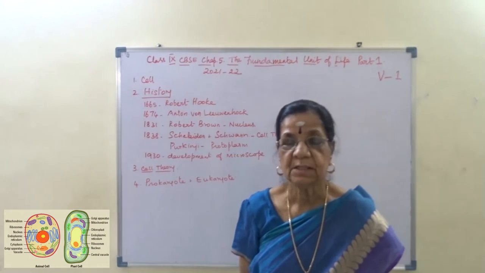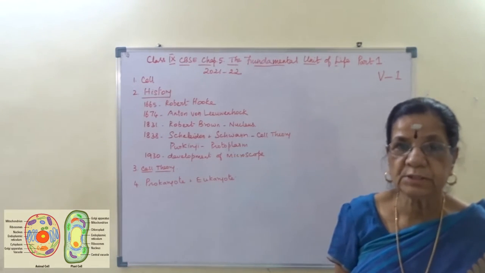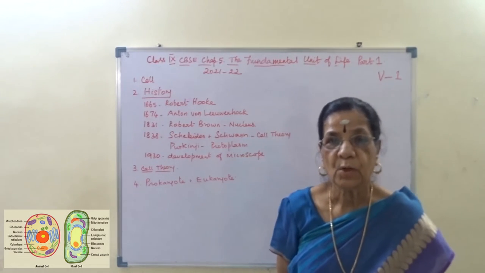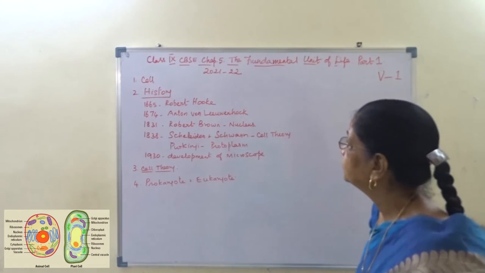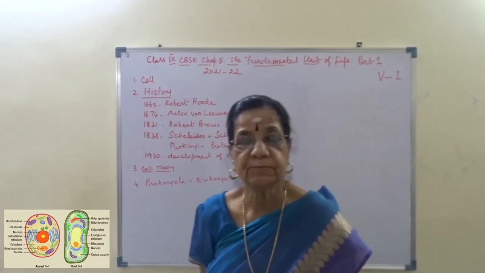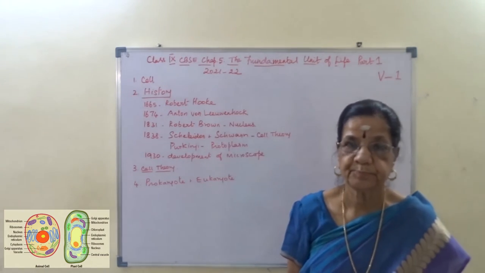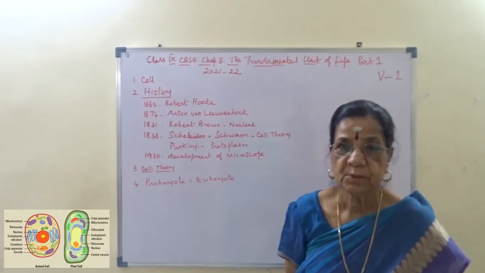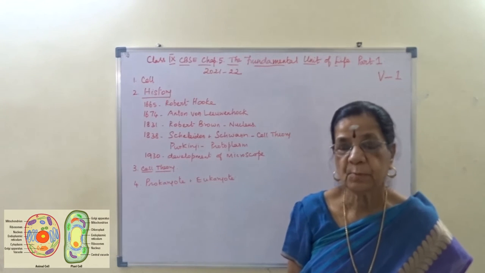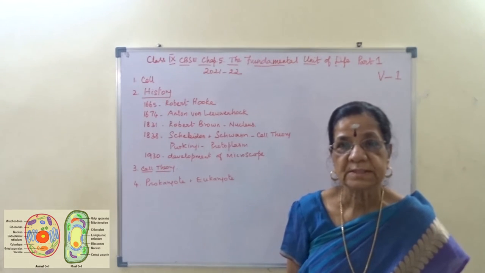Right. Now today we are going to start the first video session, number 1, as chapter 5, the fundamental unit of life, part 1. I repeat, chapter 5, fundamental unit of life, part 1. What does it mean?